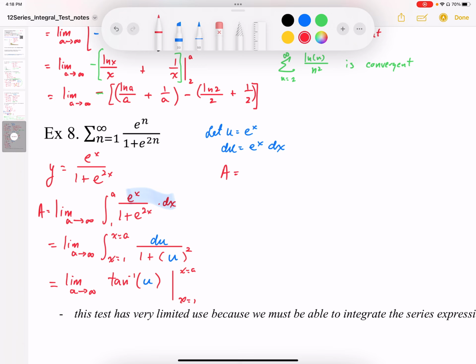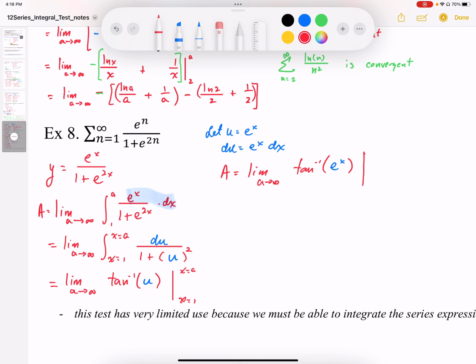When I do the next step, I'm going to replace the u with the e to the x, so I get limit as a approaches infinity, arctan, and this becomes e to the x.